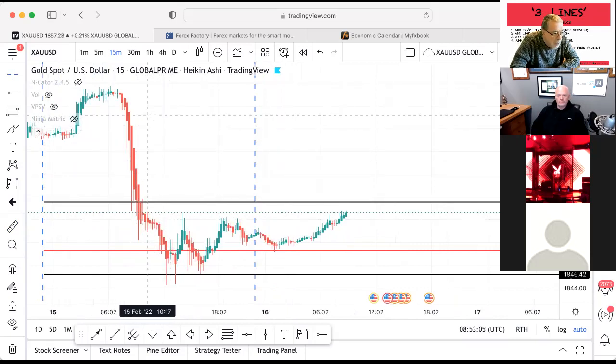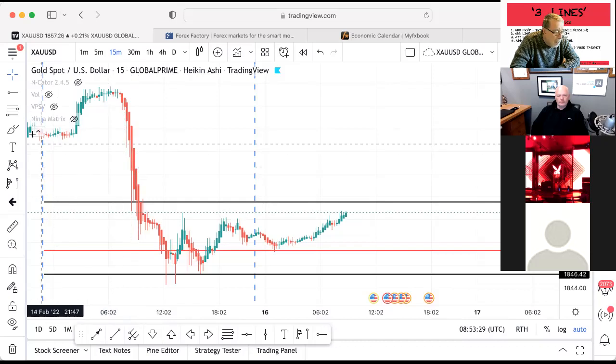I haven't looked too closely at this, but I suspect there's quite a bit of imbalance in there. This where my cursor is now, at the bottom of that wick, down to that area there, that's an area of imbalance. So price has got to come back up and fill that at some point.